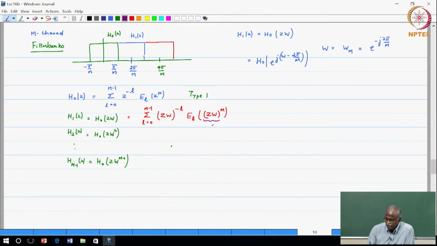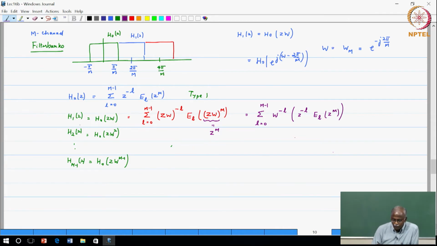So, this is nothing but z raised to the power M. Okay. First observation. So, this can be written as summation L equal to 0 to M minus 1, W to the power minus L, and then I am going to group the terms inside, z to the power minus L, E_L of z raised to the power M. Okay.